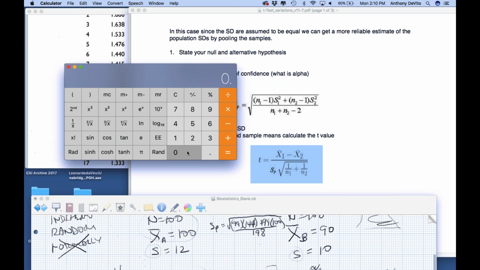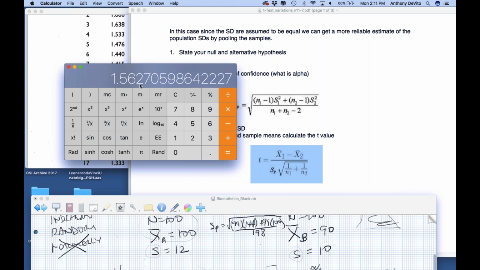I'll take the square root of that and multiply it by the pooled standard deviation, which was 11.05.